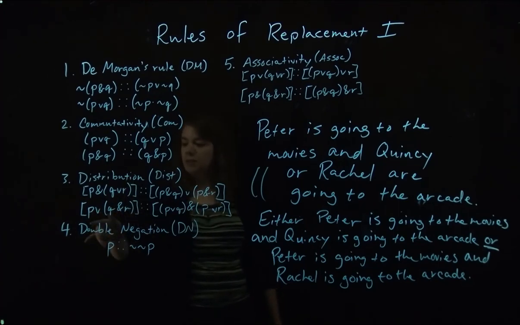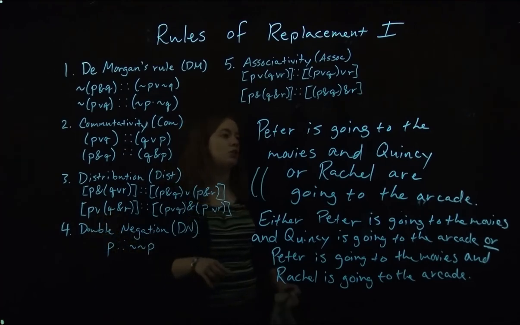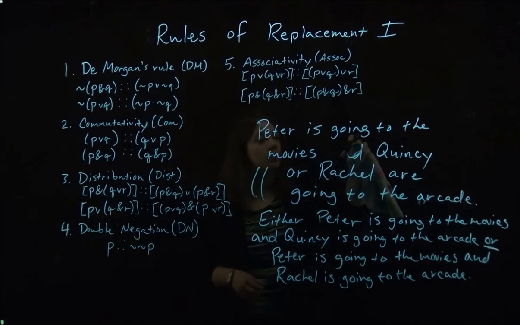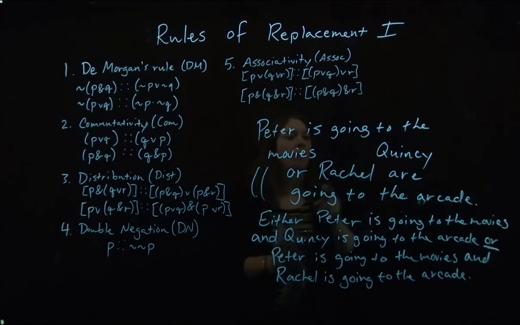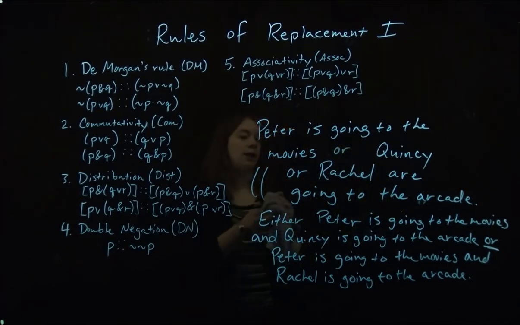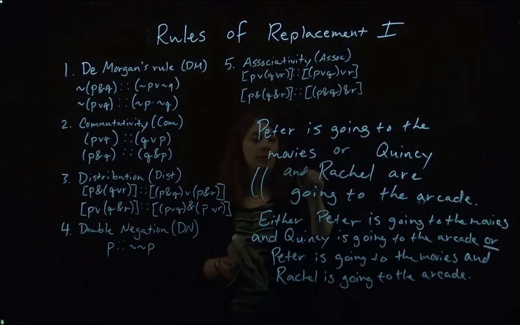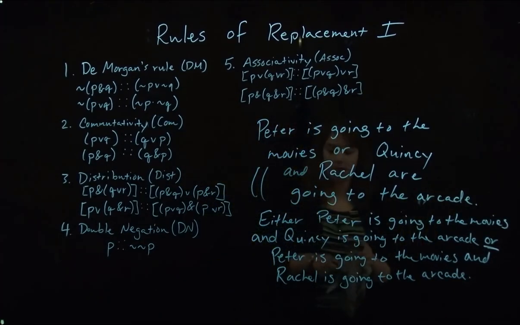Likewise, it works the opposite way when the main operator is a disjunct. So if instead you said Peter is going to the movies, or Quincy and Rachel are going to the arcade.